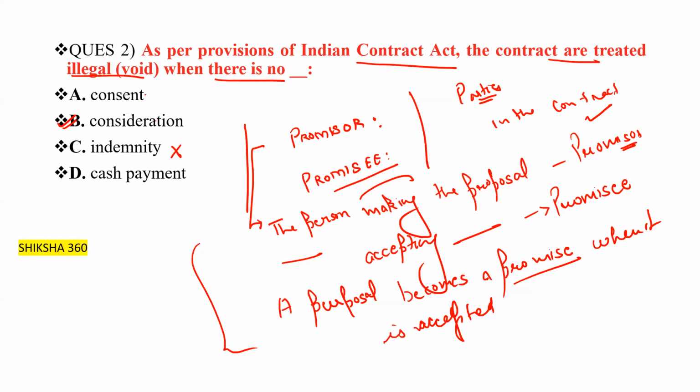And one more word: contract is equal to the agreement plus enforceability. Clear? So please remember all these points.